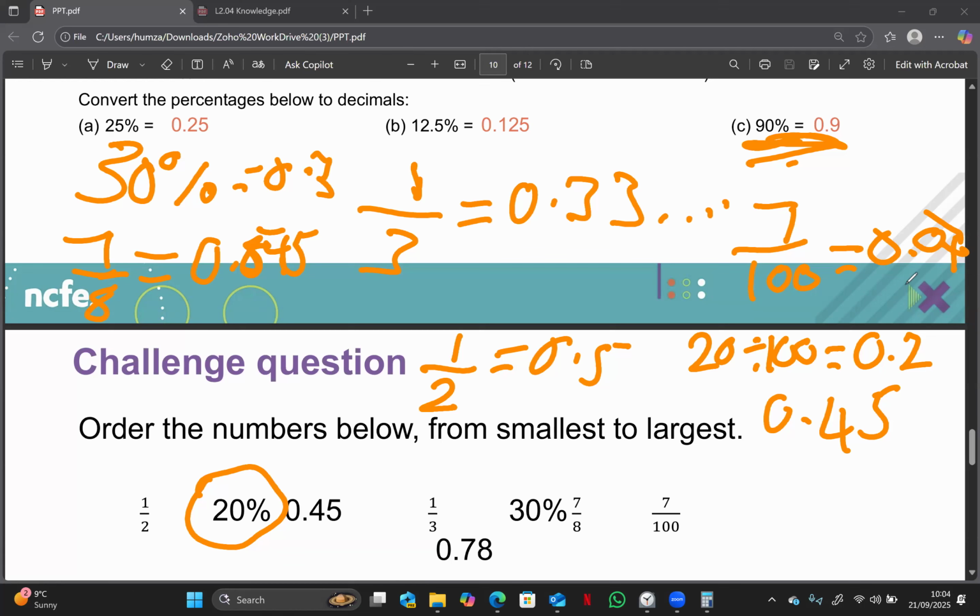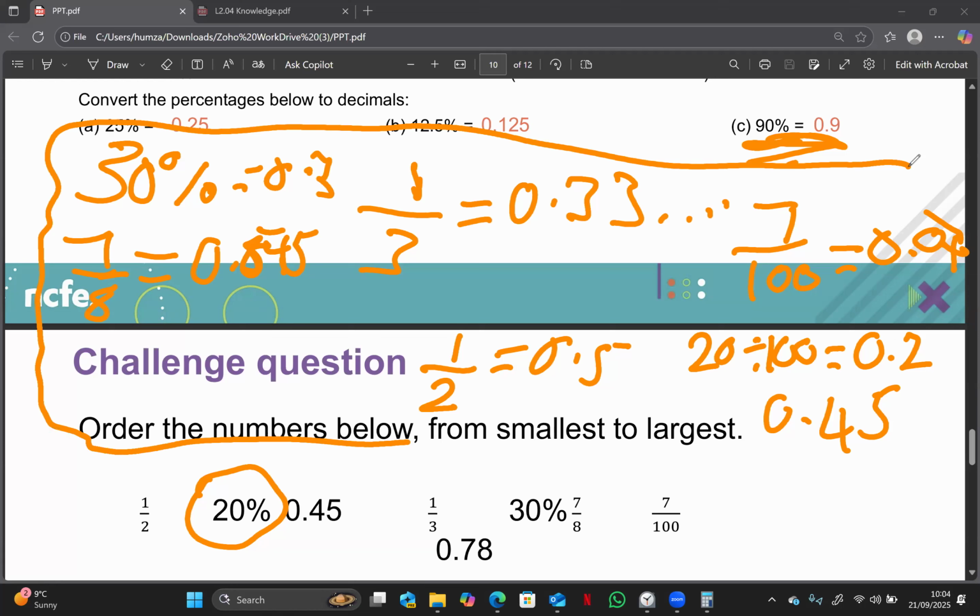1/2? No, that's 0.5. 0.5 is bigger than 0.2, isn't it? And so what's the smallest? In all of these, look all around what I've done. What's the smallest number there?